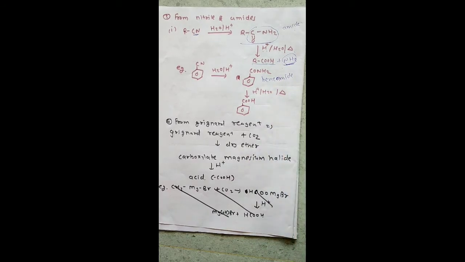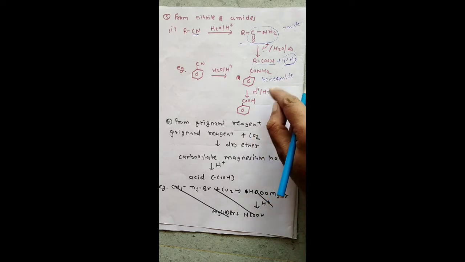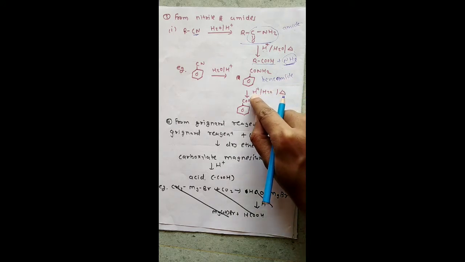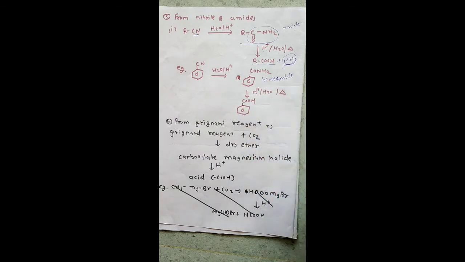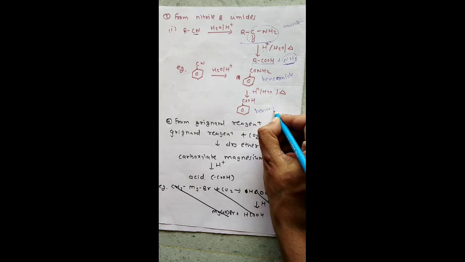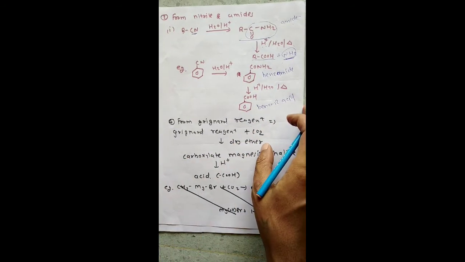This one is our first step. Now amide to carboxylic acid. So heat it with acidified water, H plus H2O, and heat. So we will get benzoic acid. Okay, so this is the third method.